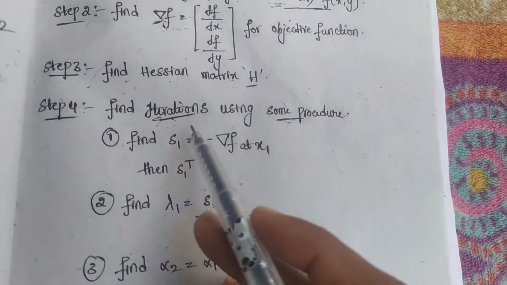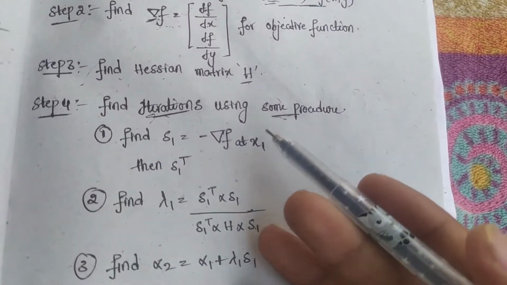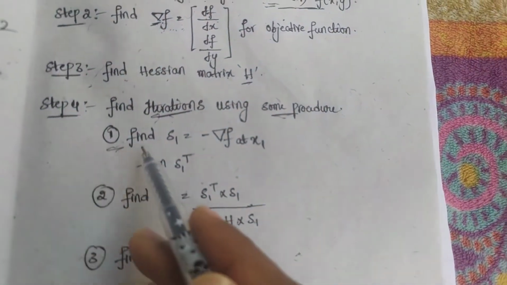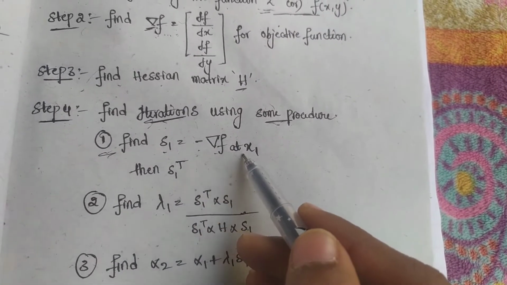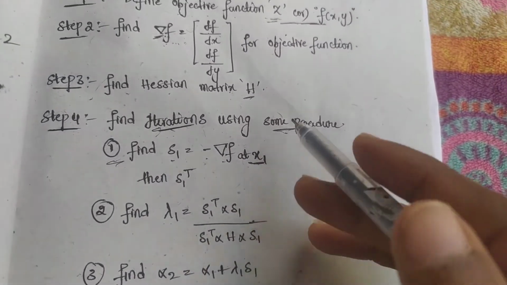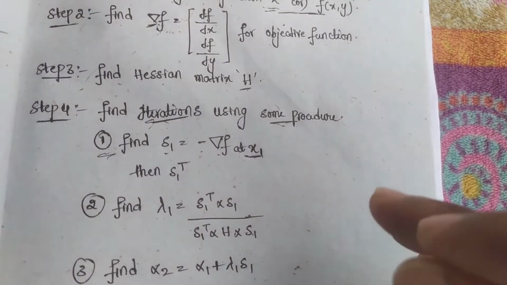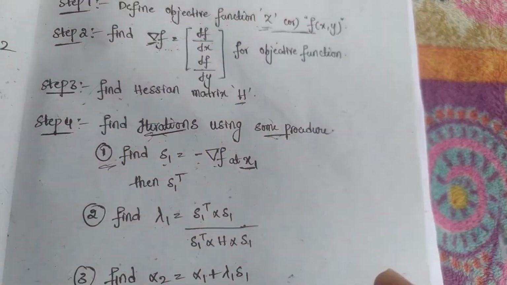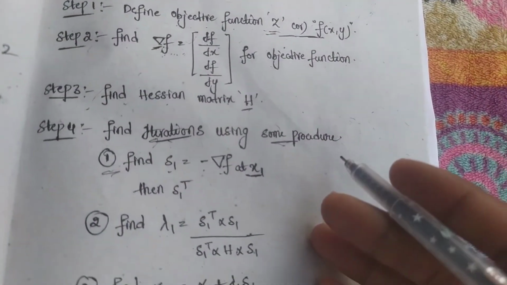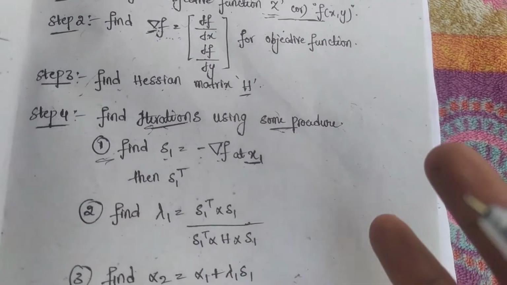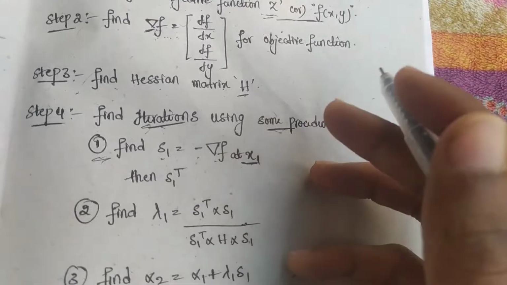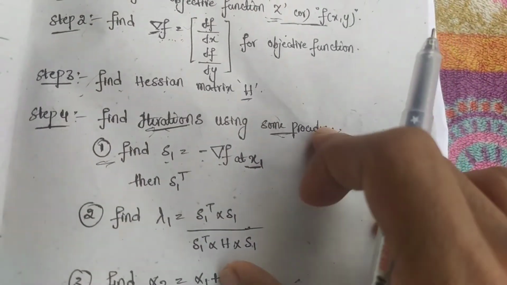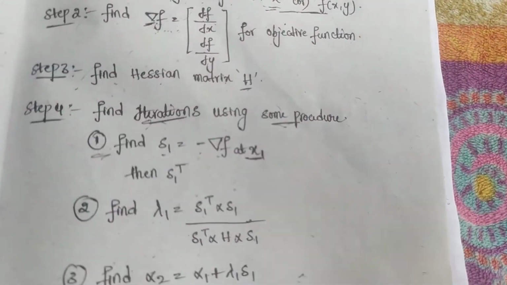In the iterations we follow some procedure. The first one is to find the s1 value, which is minus grad f at the x1 value. In the question you have to find out whether the given question is a gradient descent method or not. In the given question we can see the objective function z and also one given point.